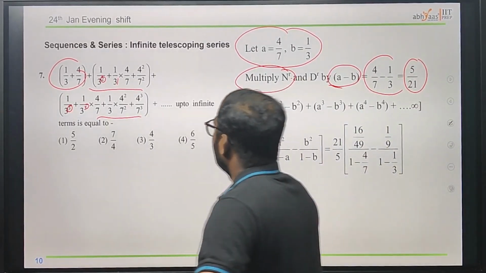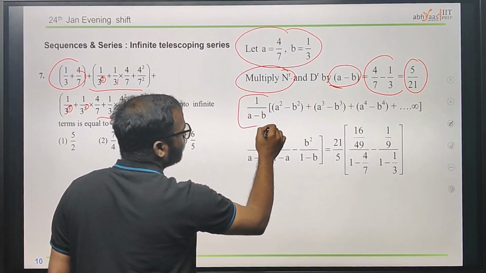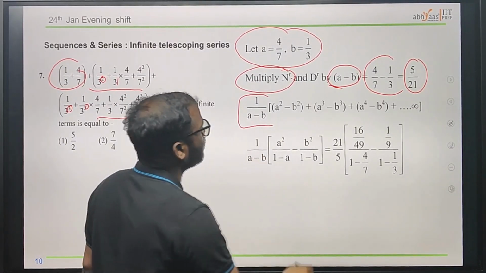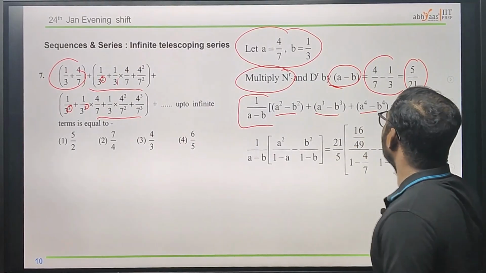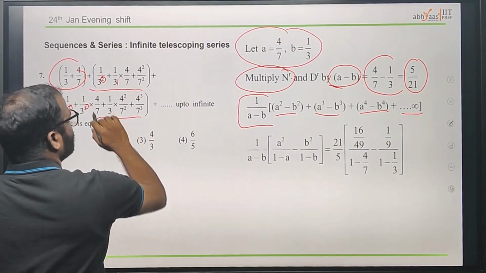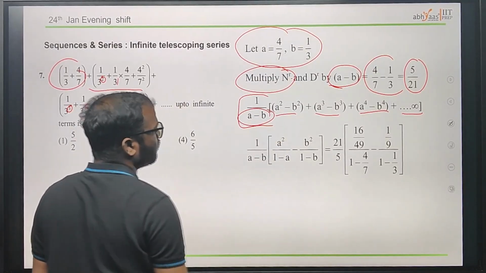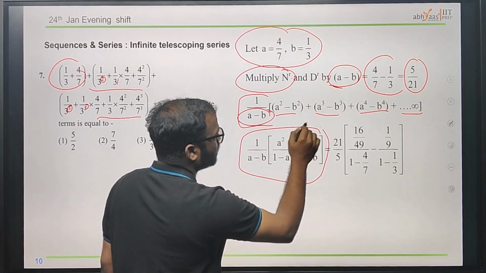Now proceeding, the given 1 by minus ab can be made to look like a squared minus b squared and a cubed minus b cubed and a power 4 continues. Just substituting those things, ultimately we can form this.